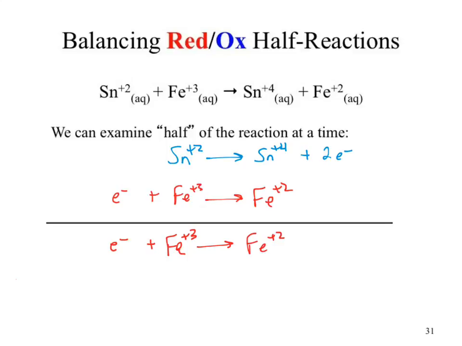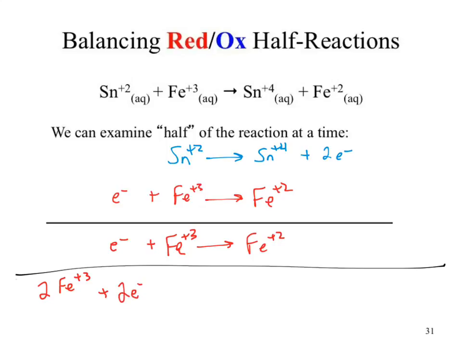Now what happens when I add these two equations together? What's the reactant? 2Fe plus 3. Man, you guys had to keep doing the color coding switching on me. 2Fe plus 3, what else? Plus 2 electrons.